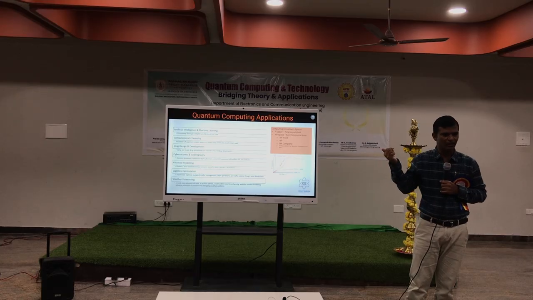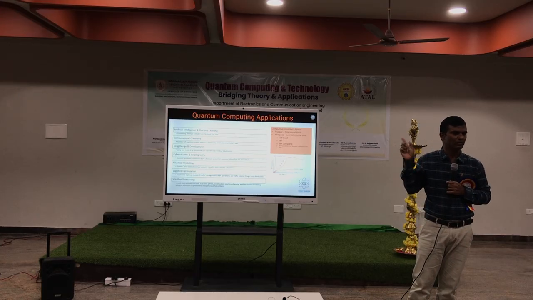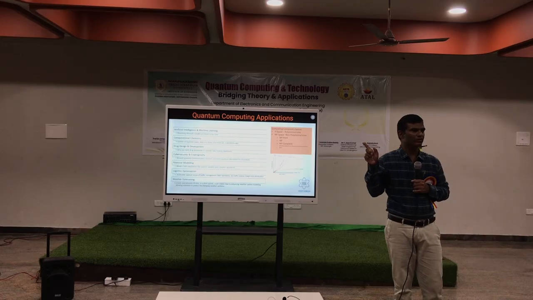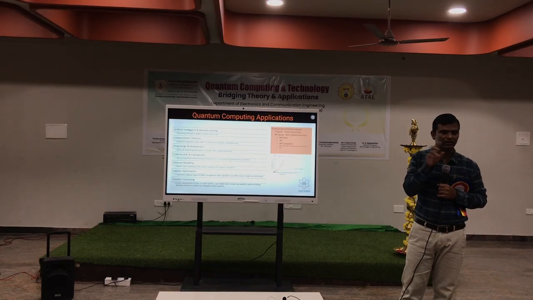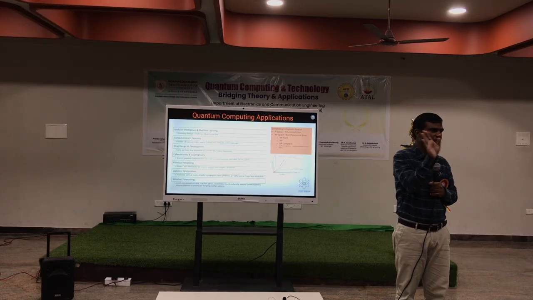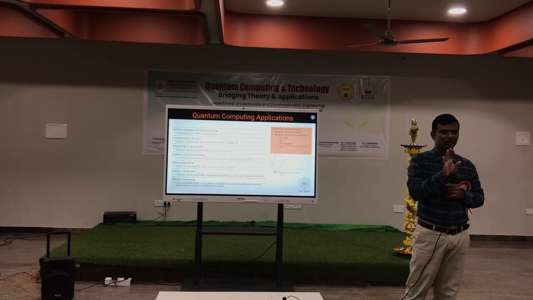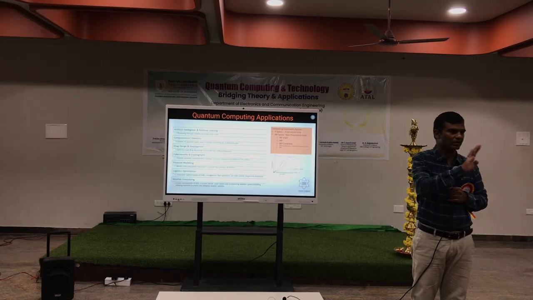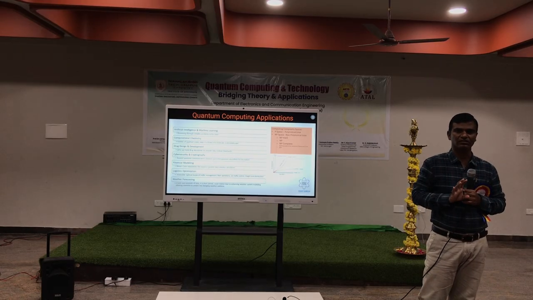But here in quantum, I will show you the program where you use operators that depend entirely on the problem definition, not on the way you do sorting or searching in the normal classical way.